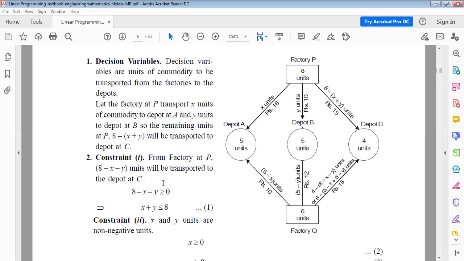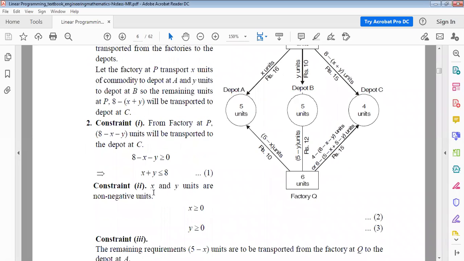The transported product units must be non-negative. So 8 minus X minus Y greater or equal to 0, which can be written as X plus Y less or equal to 8 after solving. Now this is equation number 1. Now another constraint 2: X and Y units are non-negative, so X greater or equal to 0 and Y greater or equal to 0.